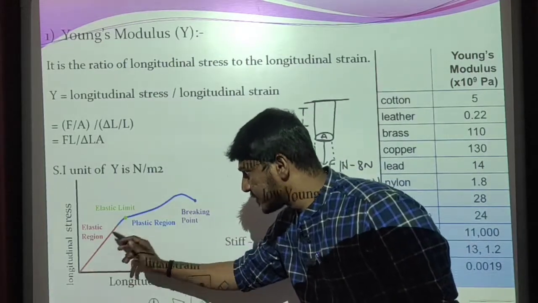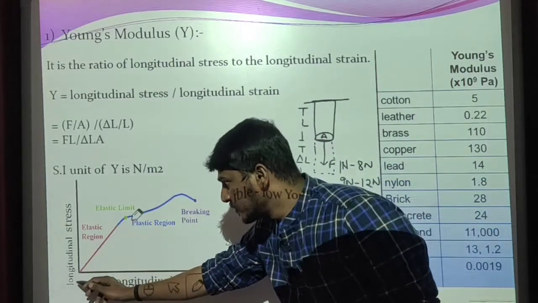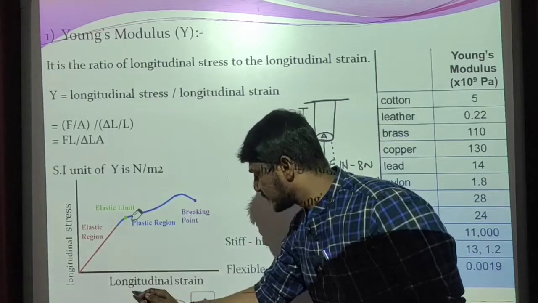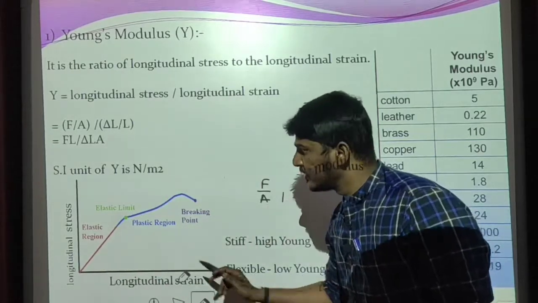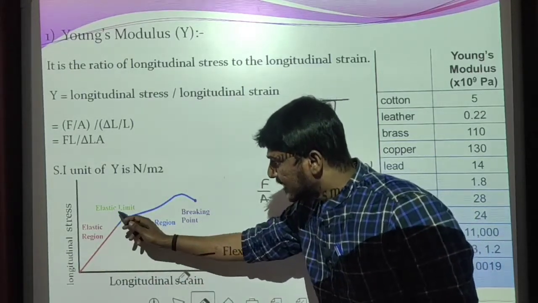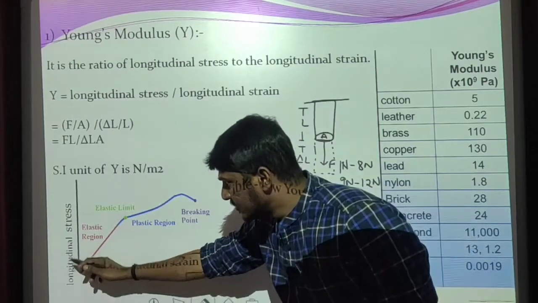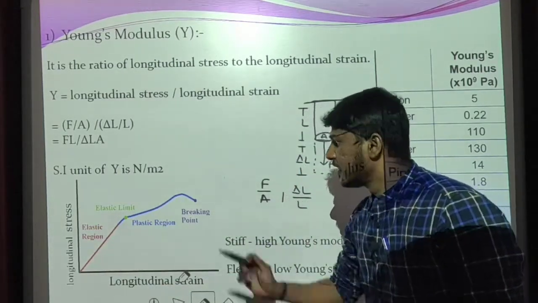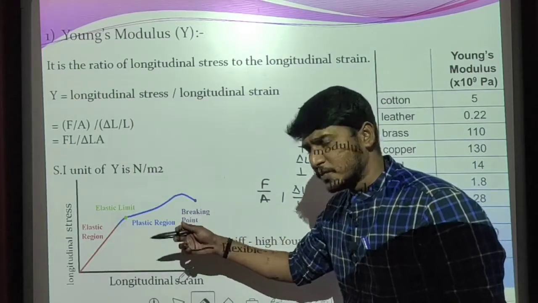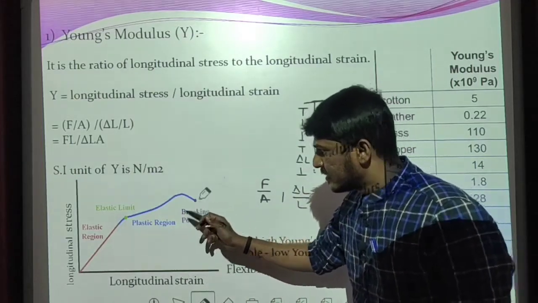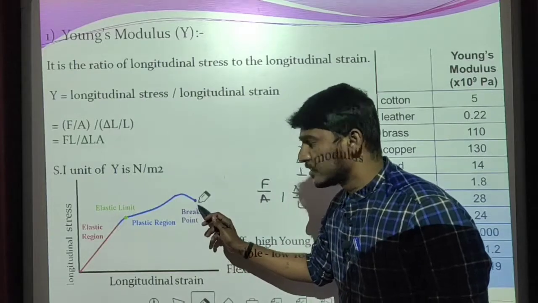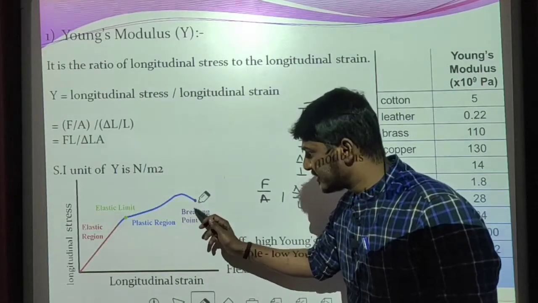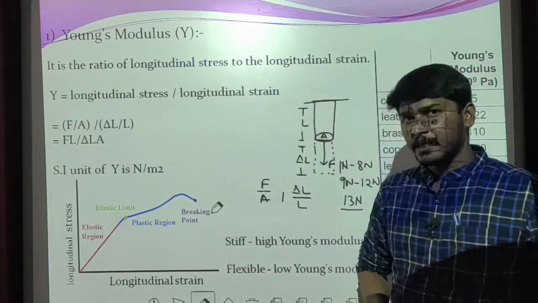From 0 to a certain point, longitudinal stress is directly proportional to the longitudinal strain. When we cross this elastic limit, the longitudinal stress is not proportional to the longitudinal strain. If you increase force further, the object will break. That is the breaking point.